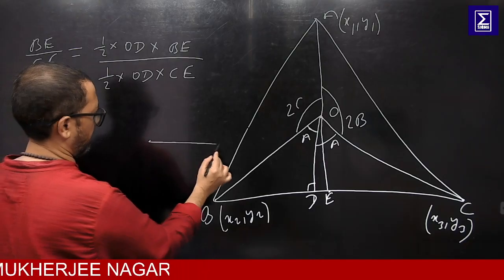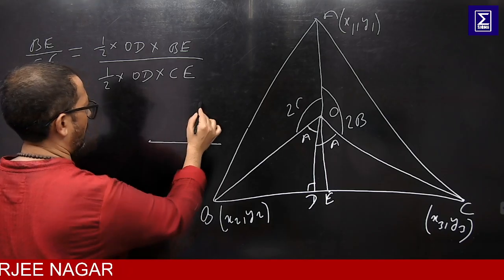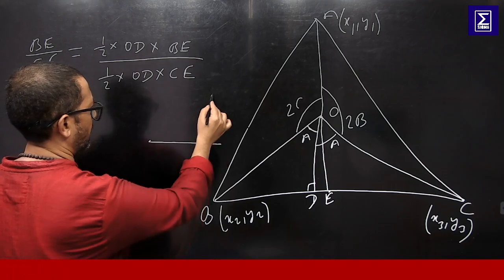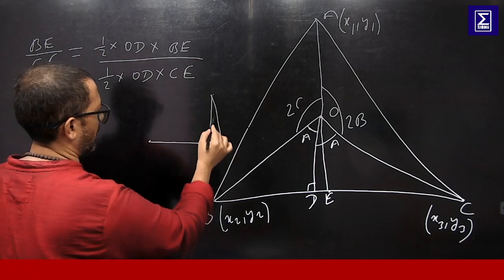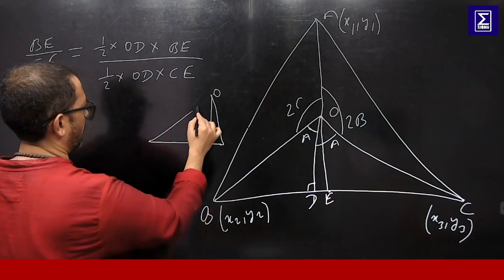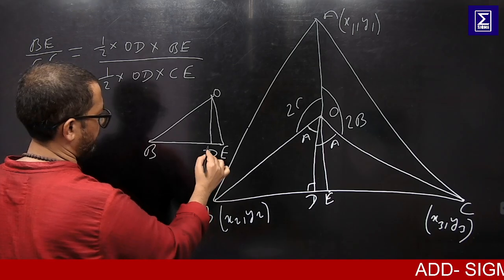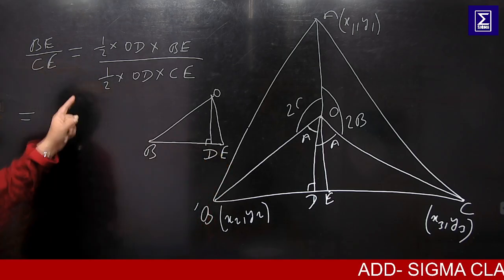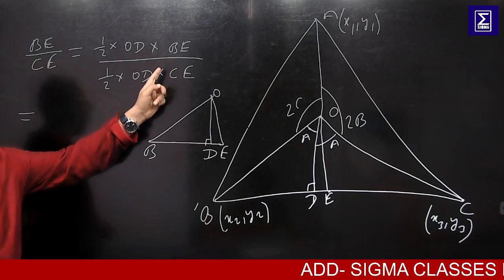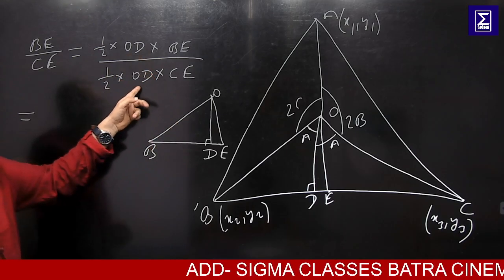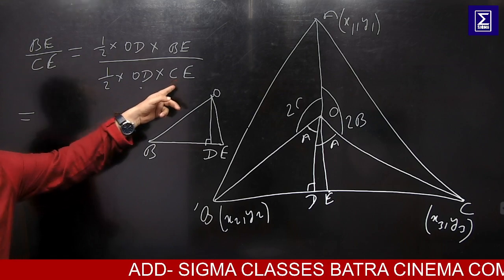So now if you see in the triangle, this is the triangle, O is here, this is the perpendicular, this is C, this is O, here it is B and E, and this is D. Half times OD times BE, this is the area of the triangle, and half times OD into CE is again the area of a triangle.